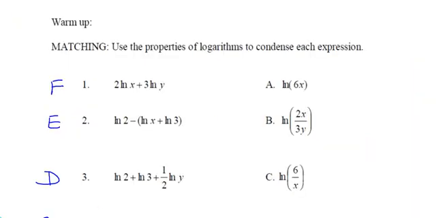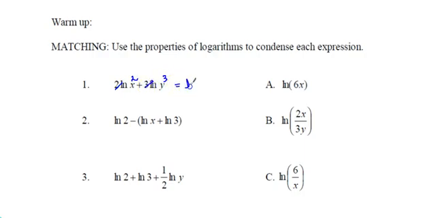So I would like you to pause for a minute here, and this is a matching of properties of log. So feel free to go ahead and do the matching of properties. We are still going to use the properties of log. For example, this one would be, we move the 2 here and we move 3 here.